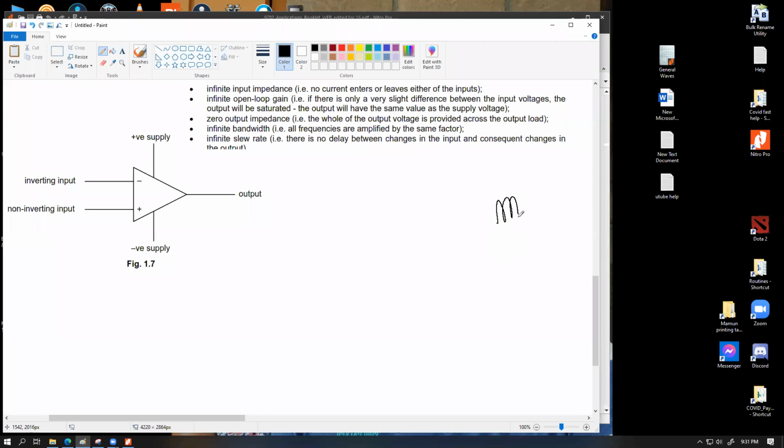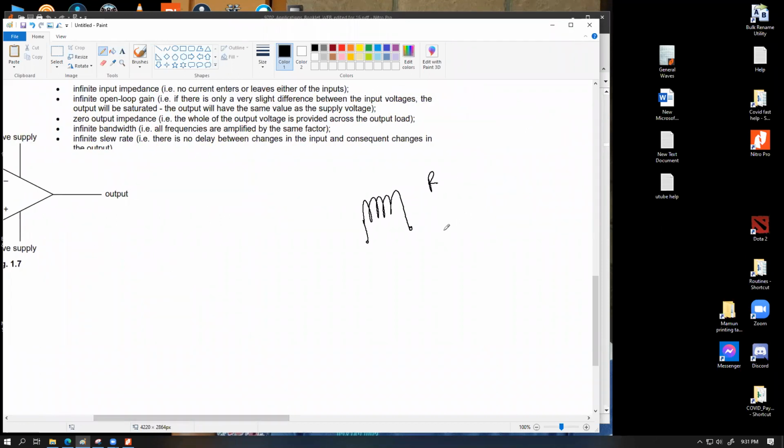If you have a solenoid coil, because of the wire of the solenoid coil, this will have some resistance, right? Think about it. It's a wire, you have some resistance. If you want to flow an AC through this coil, the coil has some resistance, of course.